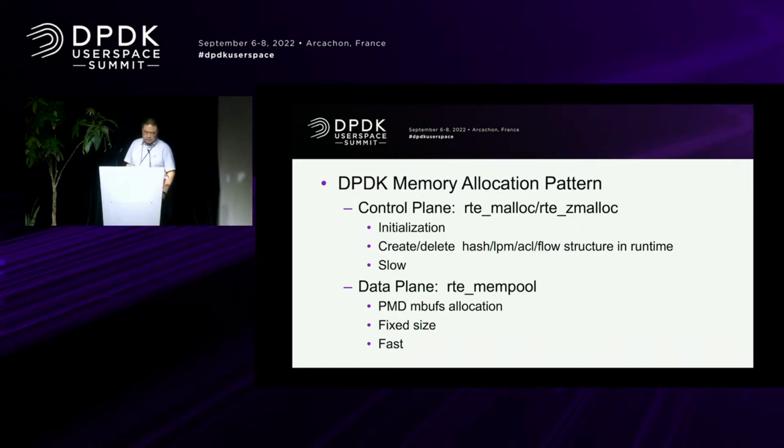But in recent years, interestingly, more and more data plane applications, like the user space protocol stack, are starting to use rte_malloc. So occasionally, from the mailing list, I saw some community members complain about the rte_malloc performance for that user space protocol stack usage.